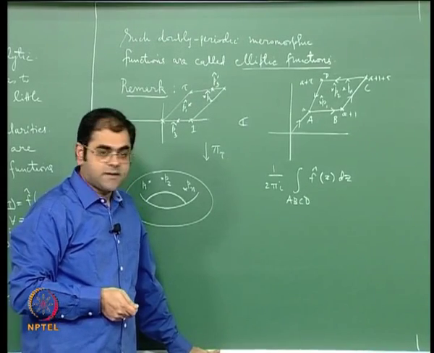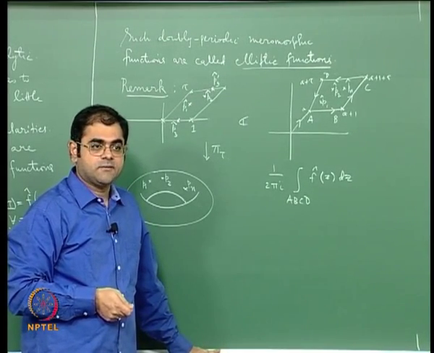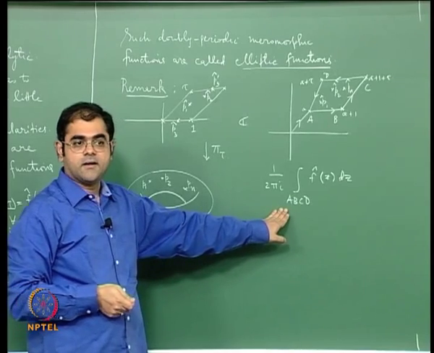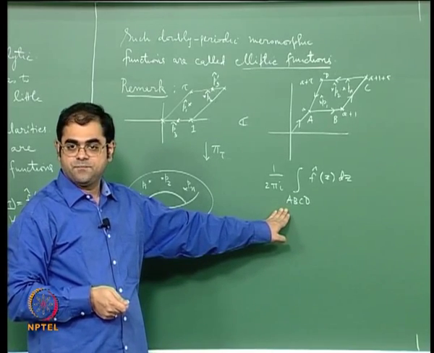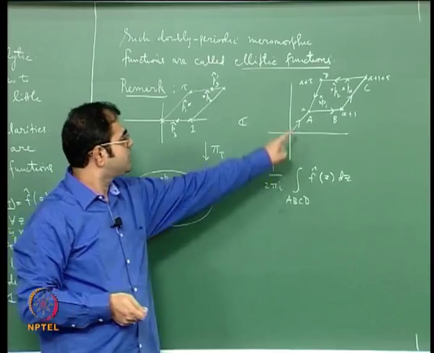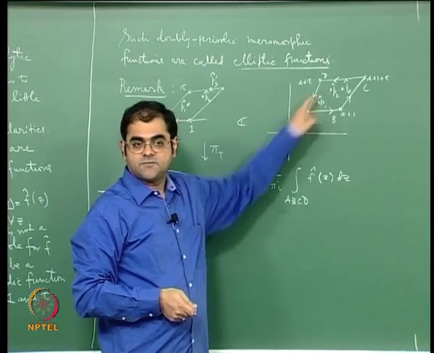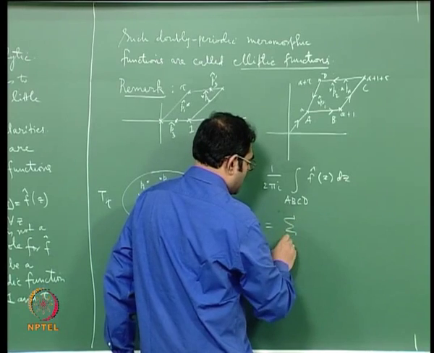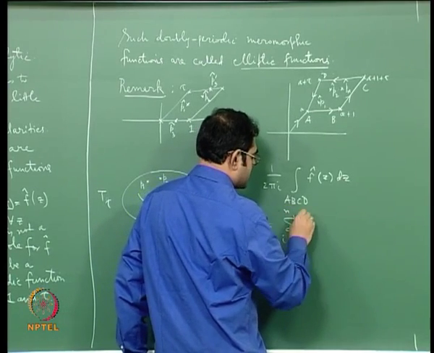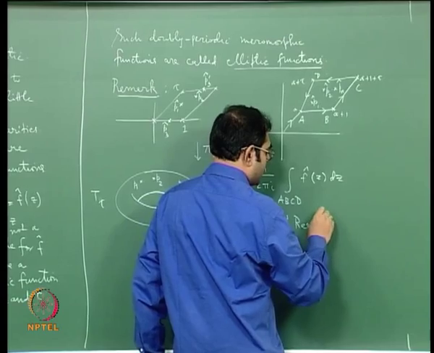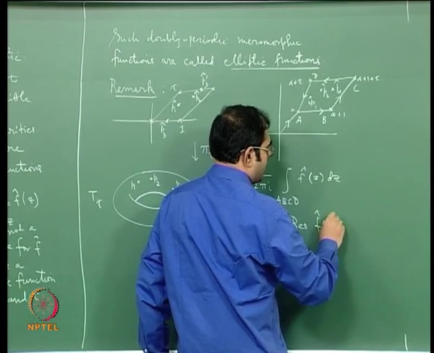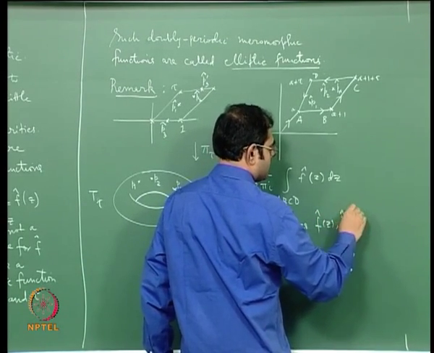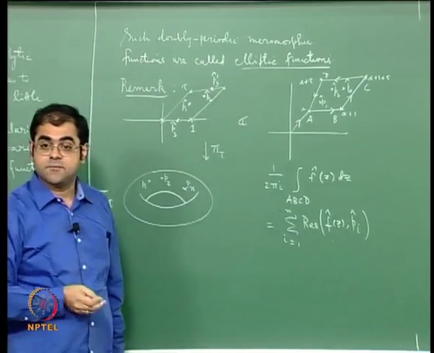By the residue theorem I should get the sum of the residues at each of the points inside where the function has poles. So what I will get is the summation i equal to 1 to n of the residue of f hat of z at the point pi hat. This is the residue theorem.